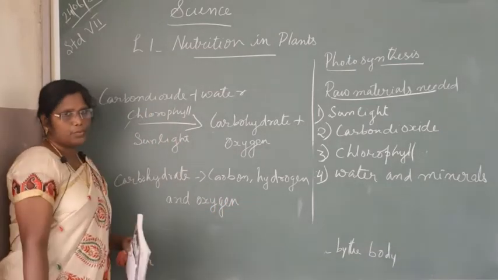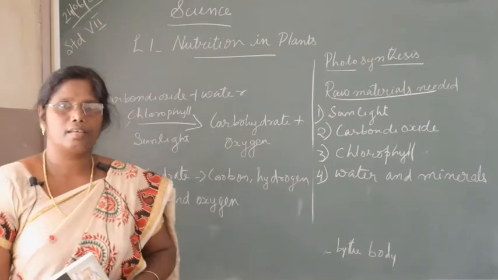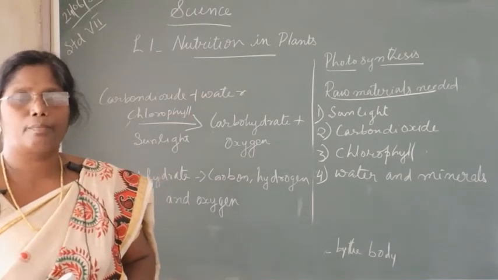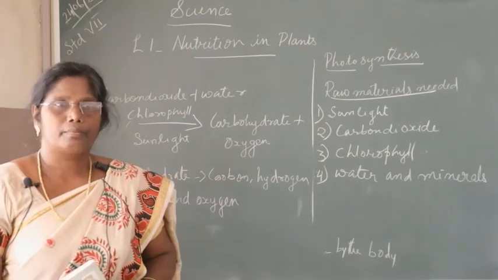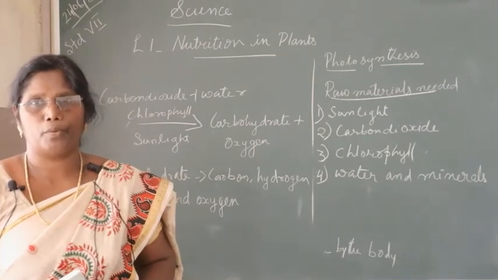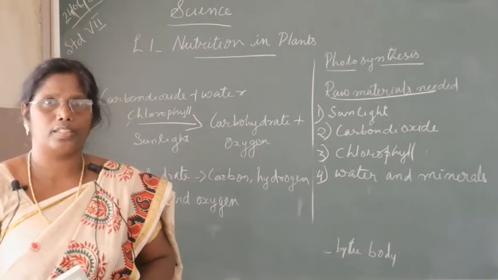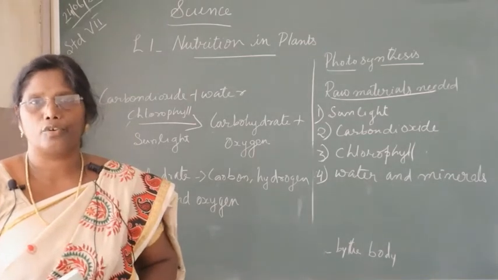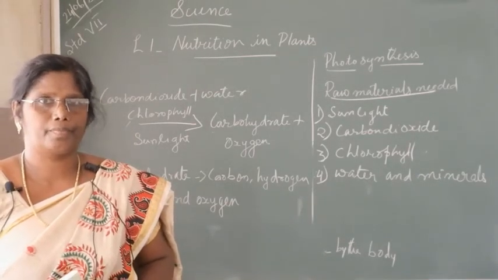These are used to synthesize things other than carbohydrate, such as protein and fat. Protein is a nitrogenous compound. It is made up of carbon, hydrogen, oxygen, nitrogen, phosphorus, and sometimes sulfur.